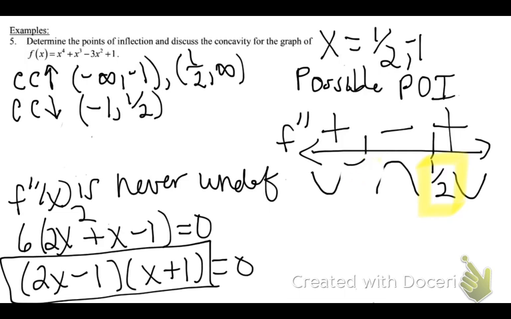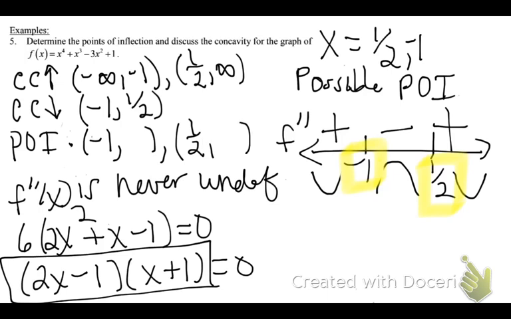The way that we know we have a point of inflection is we have a change in concavity. We went from positive to negative, so that's concave up to concave down, and then from negative to positive, so concave down to concave up. So points of inflection at negative 1 something and 1/2 something.